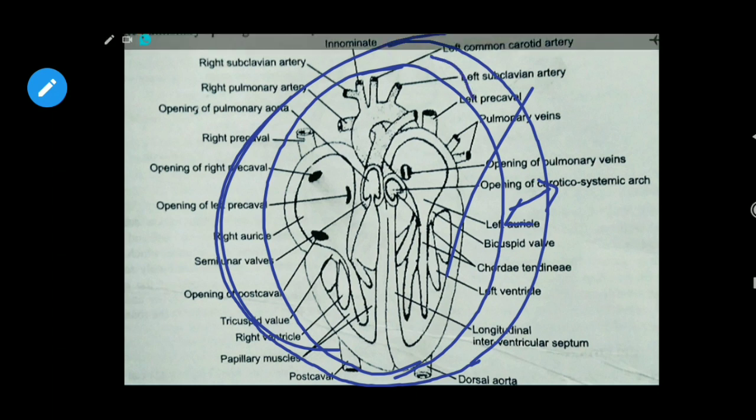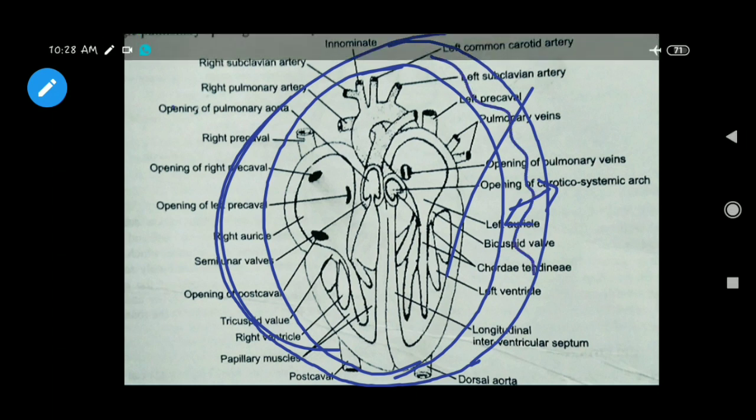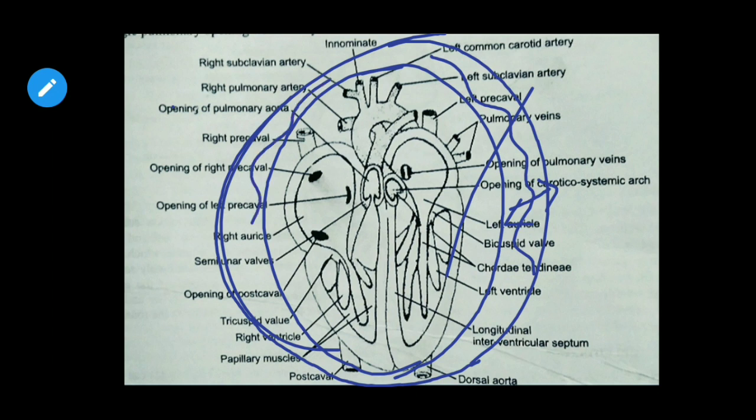In this, fluid is present that is called pericardial fluid. It is useful for reducing friction, and it prevents injuries and mechanical shocks to the heart. The pericardium is connected to the ventral thoracic wall and the posterior diaphragm.